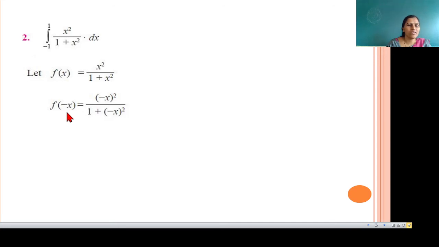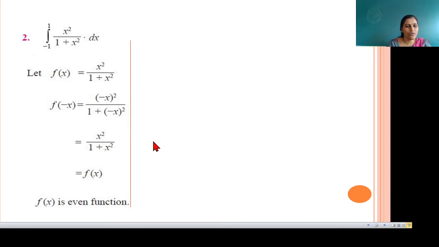So f of minus x will be minus x bracket square divided by 1 plus minus x bracket square. So our value will be x square divided by 1 plus x square. So f of minus x is equal to f of x. Therefore, the given function is an even function.